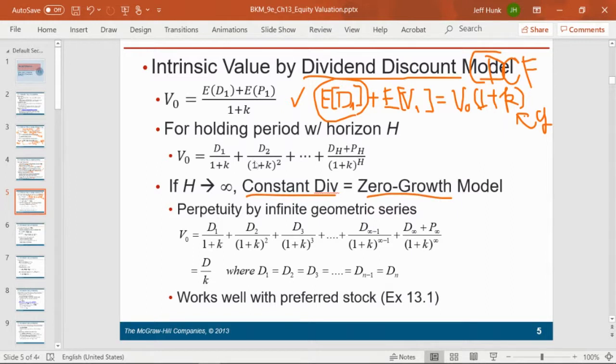Now, of course, to derive the constant dividend model, we will have to assume an infinite horizon.